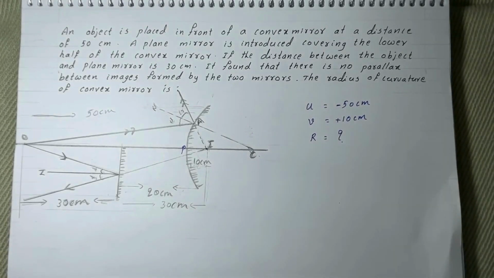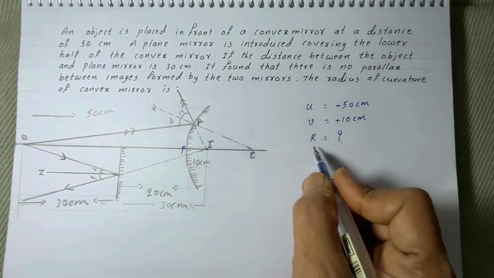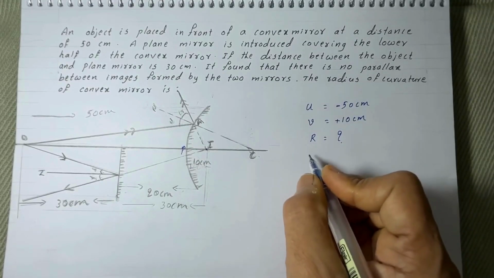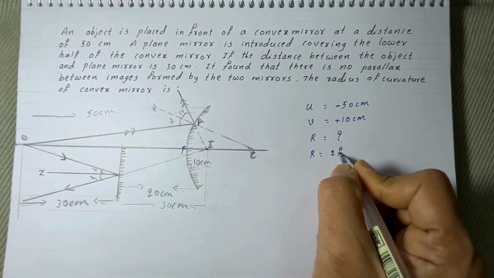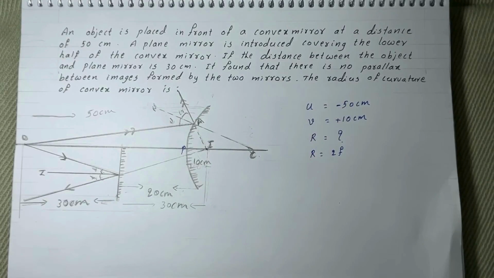R is equal to how much? Here we have to use the formula to find out R. That is, R is equal to twice the focal length. But we don't know the focal length of the convex mirror.